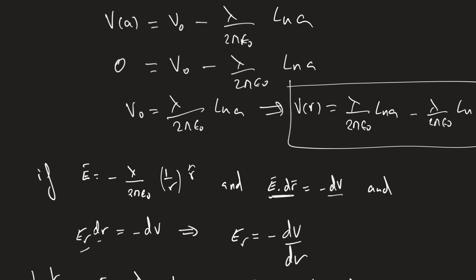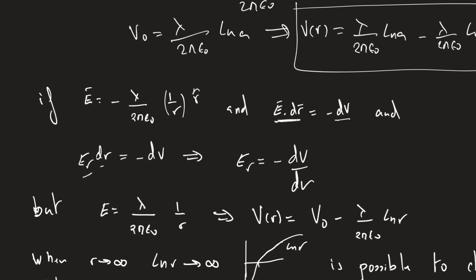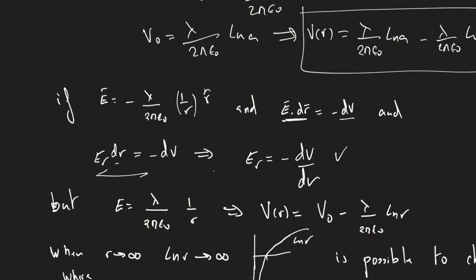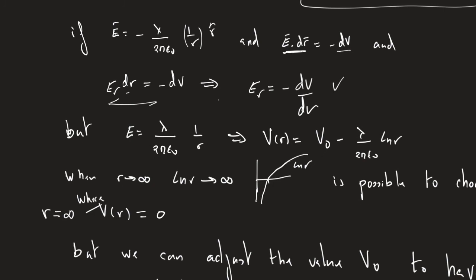So E sub r is minus the derivative of V with respect to r. From here, you see that. So I have a star with the electrical field that I know from Gauss' law, and I have obtained V of r.